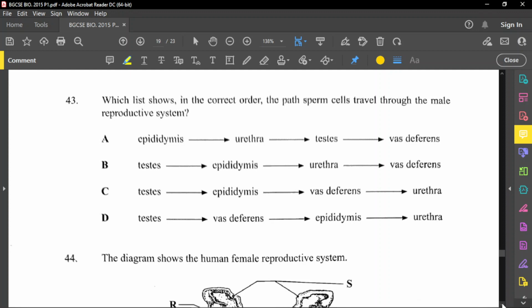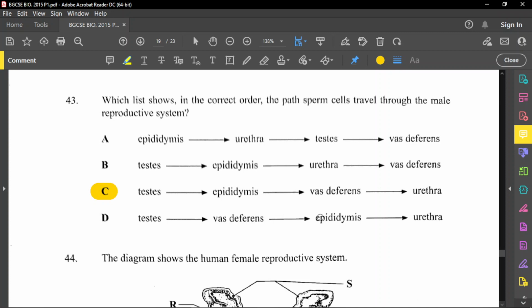Firstly, make a note that sperm cells are made in the testes, in the seminiferous tubules inside of the testes. So the testes must be the first thing. Then they go into the epididymis for storage, so between B and C will be correct. Then it goes into the vas deferens, then the urethra. So definitely C is the option.